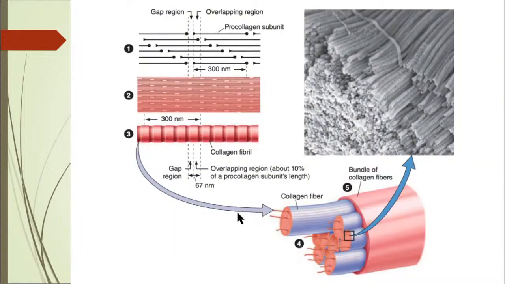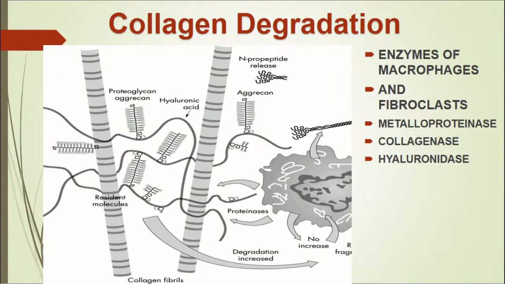Again, we have seen it here, but we need to continue our talk. This is a collagen fiber. This is a bundle of collagen fibers. Each is contained in a collagen fiber. Each collagen fiber contains collagen fibrils, and collagen fibrils contain protofibrils.